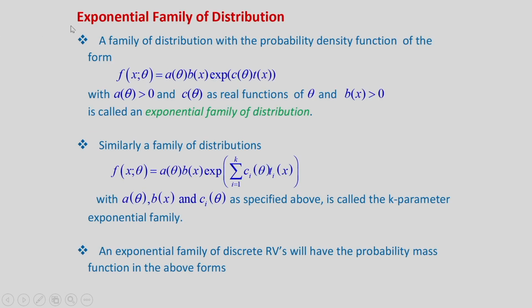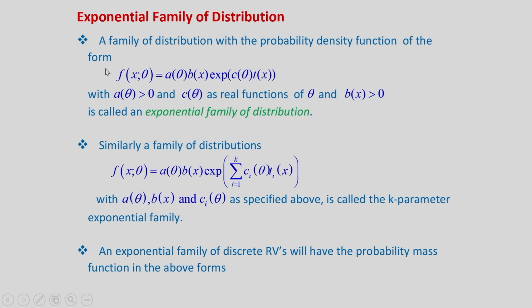We will discuss one important family of distribution for which finding out a complete sufficient statistic is easier. Such a family is the exponential family of distribution. A family of distribution with the probability density function of the form f(x, theta) can be written as a(theta) times b(x) times exponential of c(theta) into T(x).